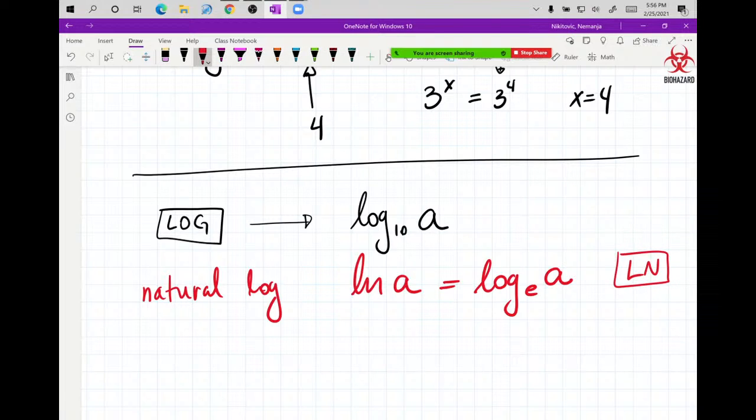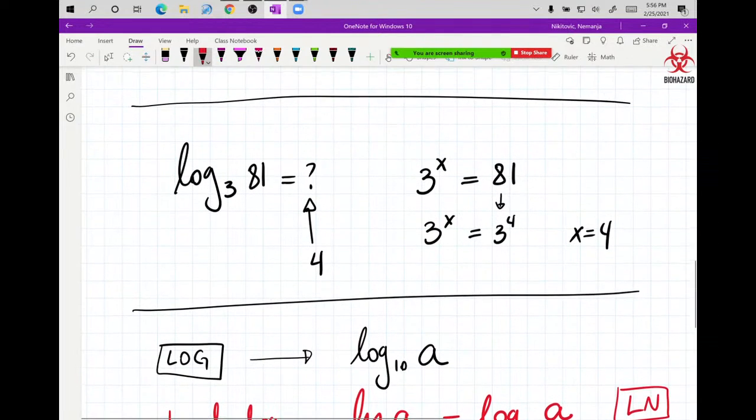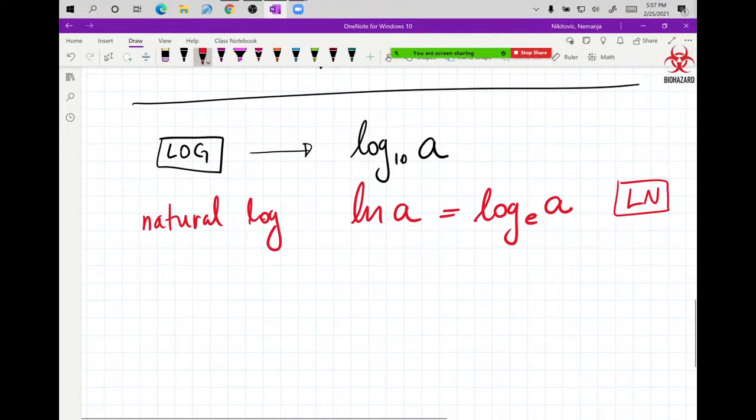Now you will here and there find a calculator where they went out of their way to program the calculator so it can put in anything, including this problem above, but those calculators are very, very rare and you have to look very hard to find which calculators actually do that. But your TI-83, 84, 92, they don't do that. The more advanced the calculator is, the fewer log buttons it has.